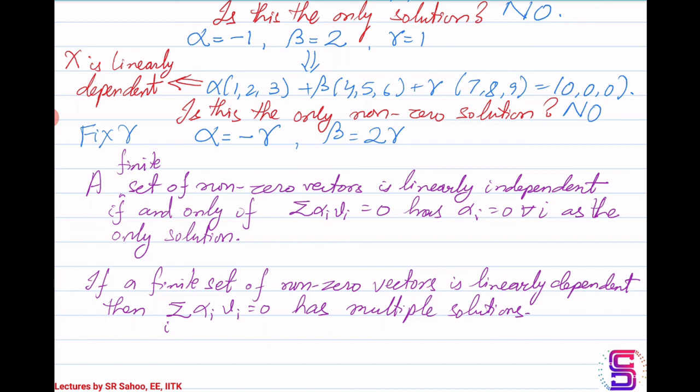Of course, 0, 0, 0, all scalars being set as 0 is also a solution, but apart from that, you have other solutions as well, and possibly and actually infinite solutions.